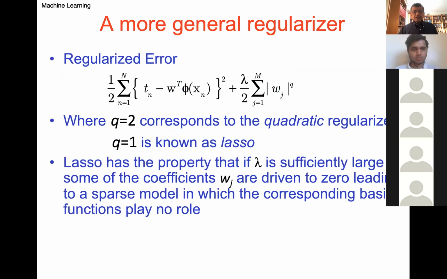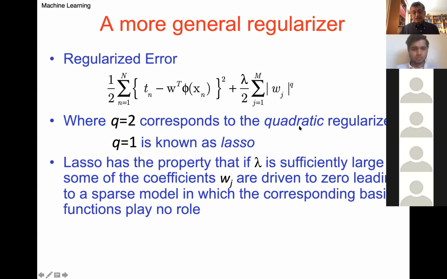So a more general regularizer, other than using the square of the Euclidean norm of W, you can state a general version of it, where you sum the absolute value of Wj to the power of Q, where Q equal to 2 corresponds to the quadratic regularizer.